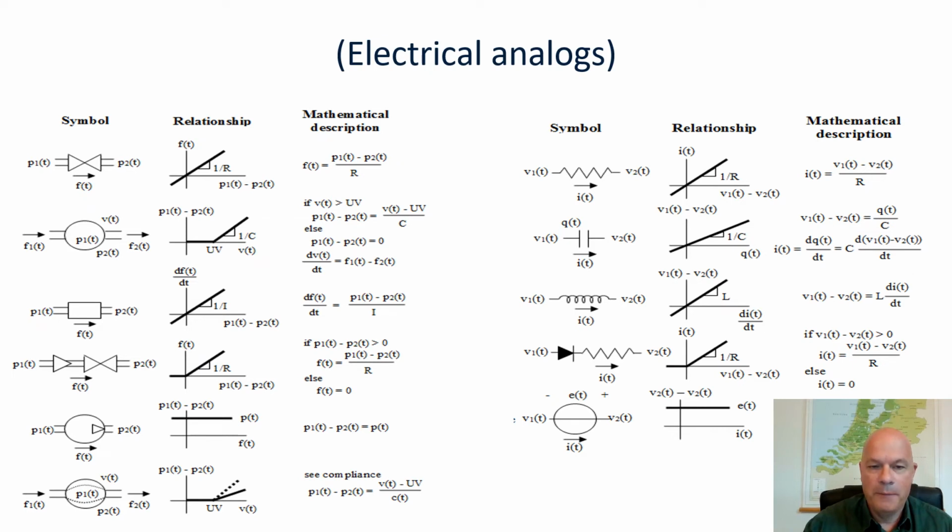Something like an unstressed volume, or a charge without voltage, doesn't really occur in electrical engineering. And for me, this is one more reason to work with these direct representations, because they're a bit closer to our, for example, hydraulic reality than are the electrical engineering components.